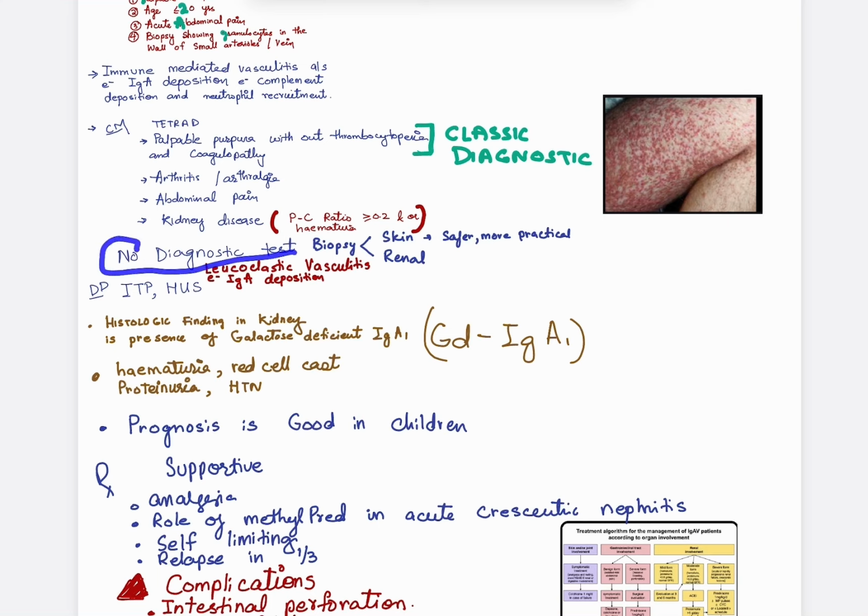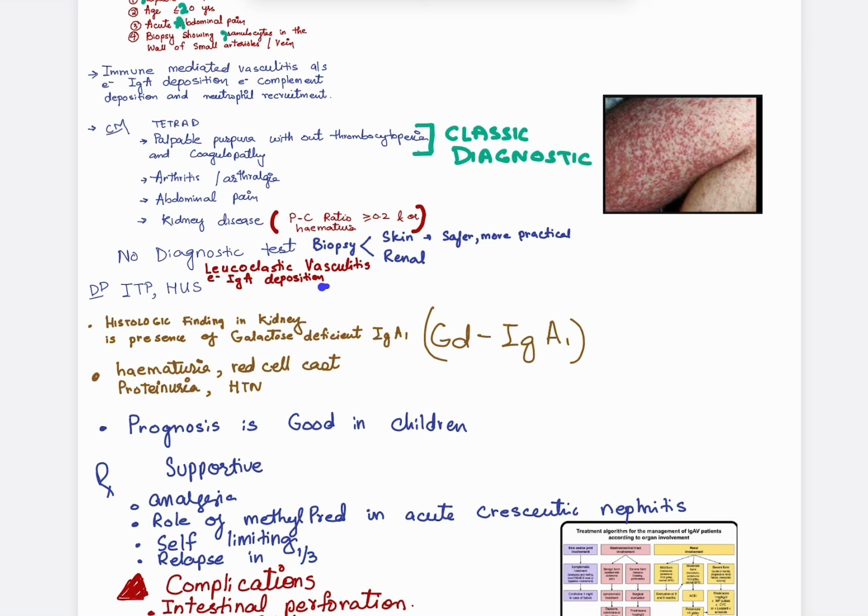There is no diagnostic test, but you can do a biopsy, and basically skin biopsy, as it's safer and more practical. In the renal biopsy, you're going to find IgA deposition, which could not be differentiated between Berger disease or IgA vasculitis. So better to go for a skin biopsy of a palpable purpura site.